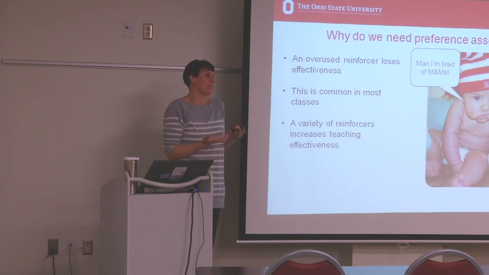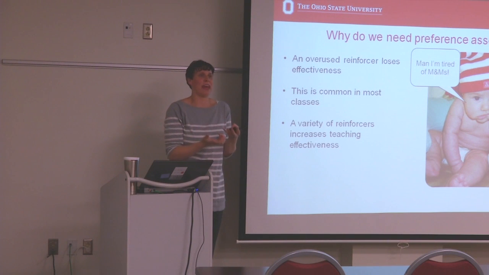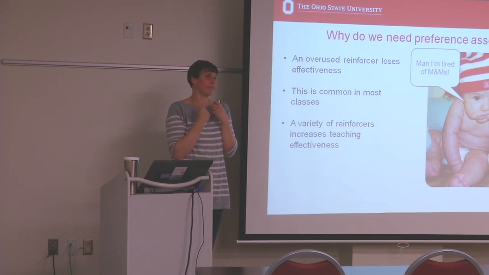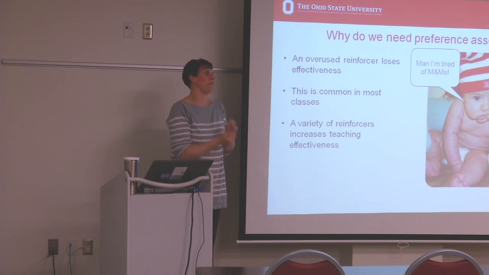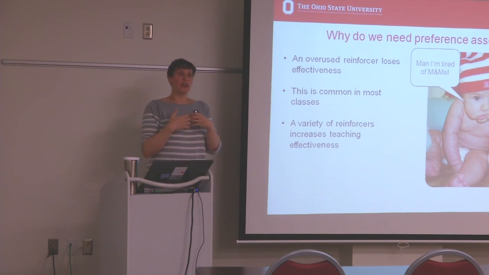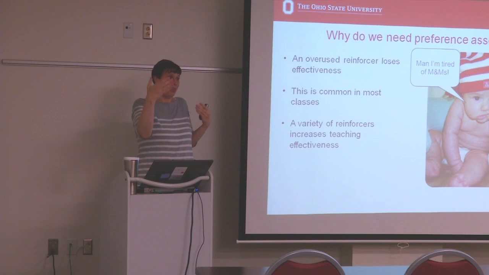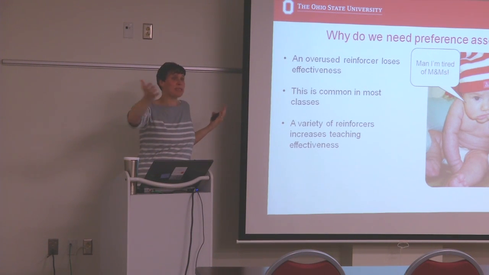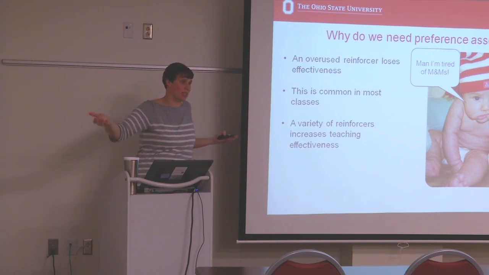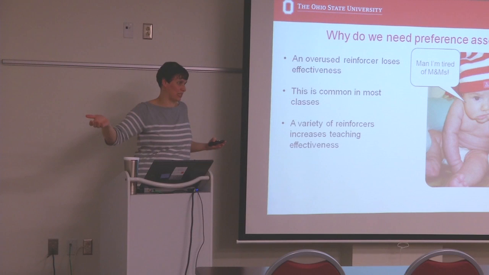And so we get stuck in these ruts of, I found that thing, that one thing that the student latched onto. I'm going to use it forever. And so, over time, that thing is going to lose its effectiveness as a reinforcer because you always have access to it, right? It's not contingently given, it's free access often.